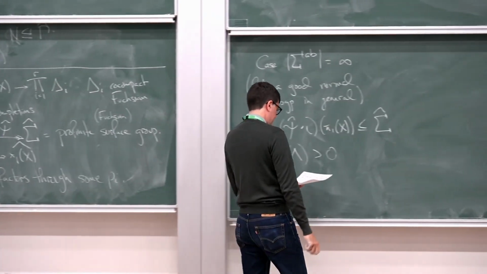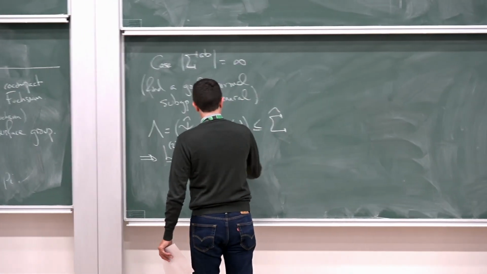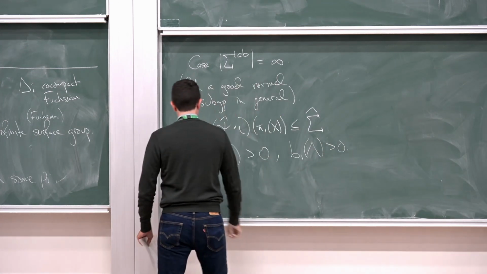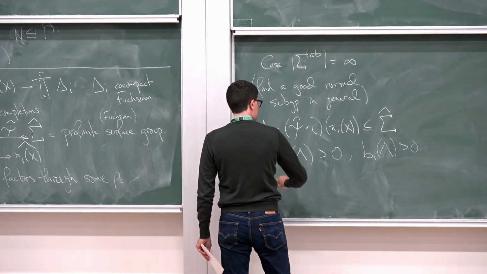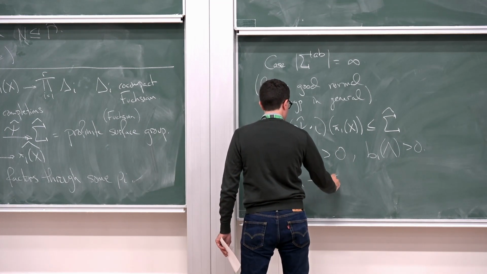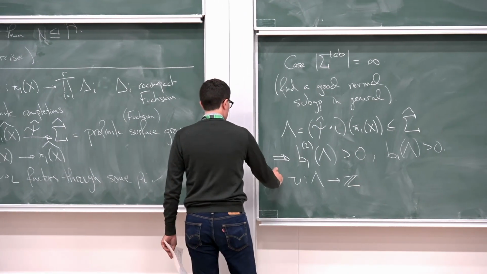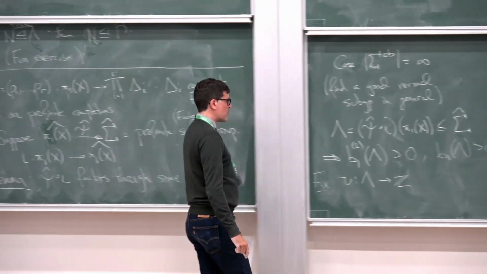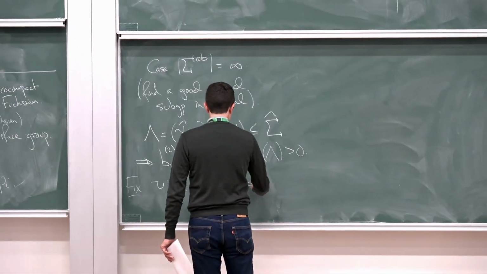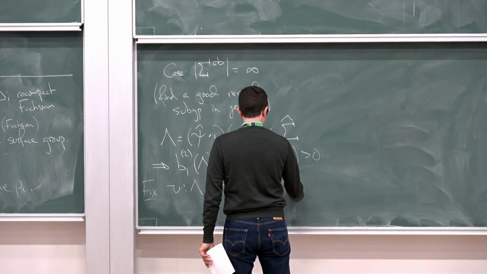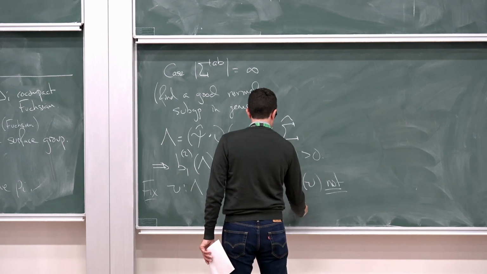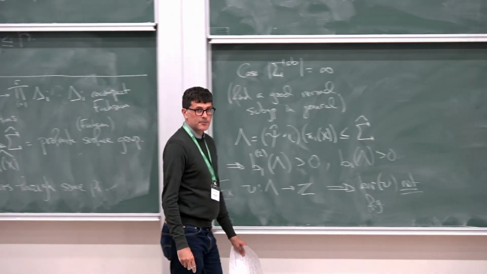Okay. And in fact, the first Betti number is greater than 0 as well. And so now just sticking with this image group, fix some homomorphism onto Z. And you conclude, using precisely all of that, that the kernel of this is not finitely generated. Okay?